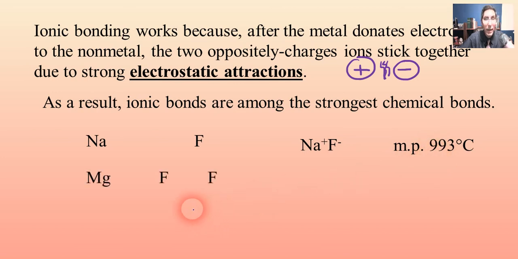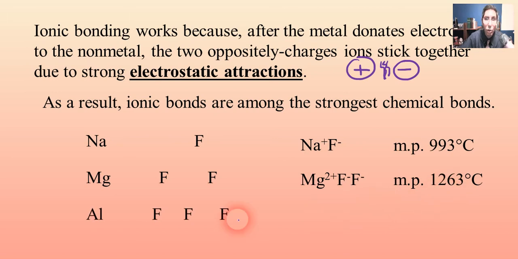If we look at magnesium fluoride, it's composed of one magnesium cation and two fluoride anions. Its melting point is even higher. It's 1,263 degrees Celsius. And here we have aluminum fluoride made of one aluminum cation and three fluoride anions.